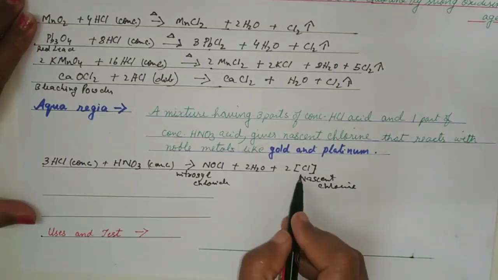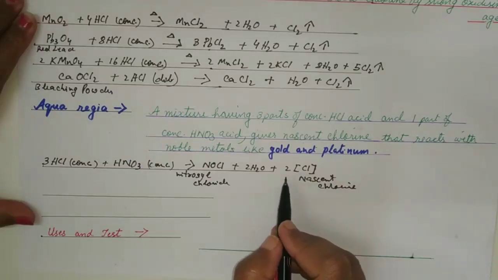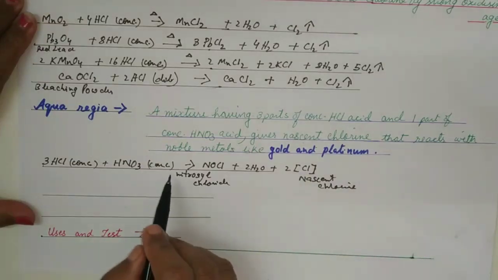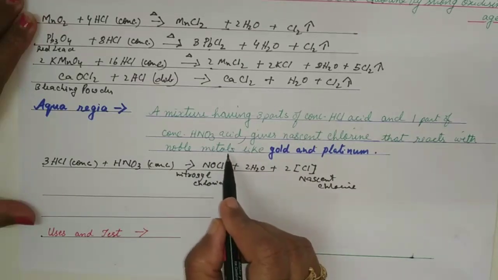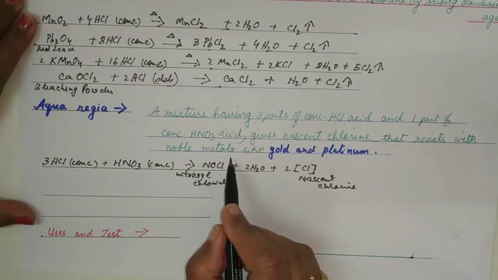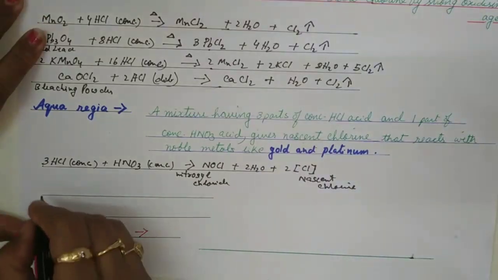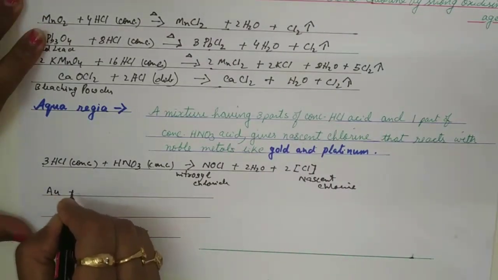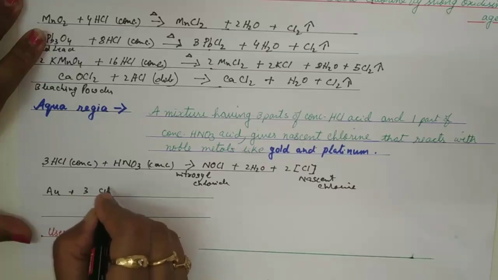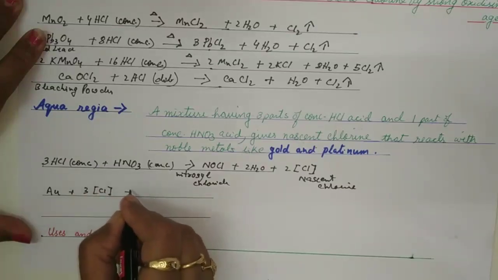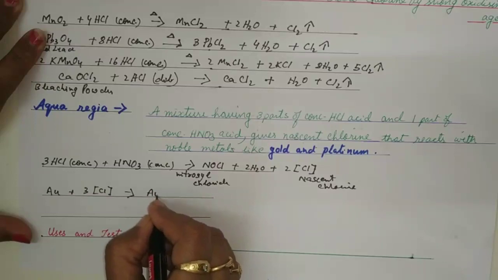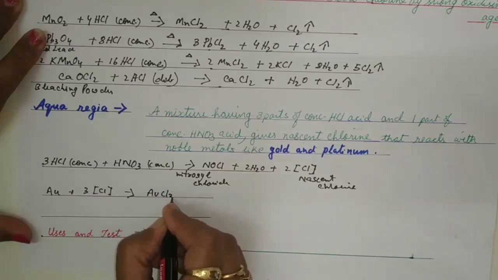Here, this nascent chlorine is a very strong oxidizing agent, very reactive, so much that it will react with noble metals. Noble means it does not normally react. It can react with gold and platinum, as in gold, plus it will need 3 nascent chlorines to give you AuCl3.